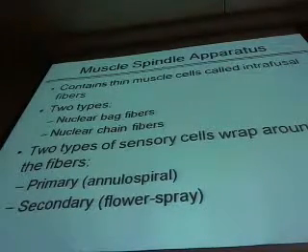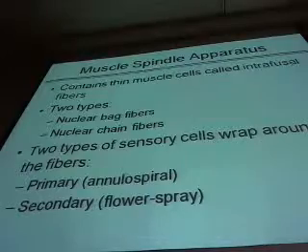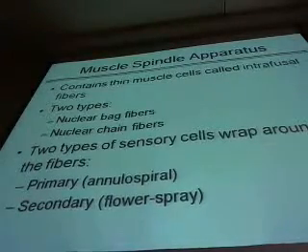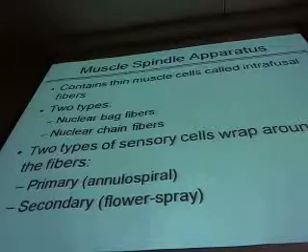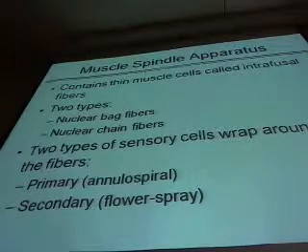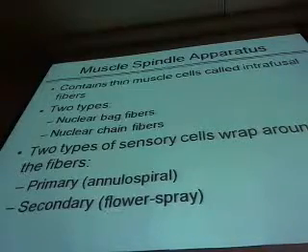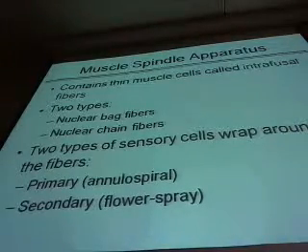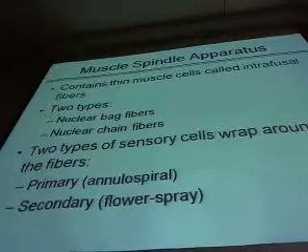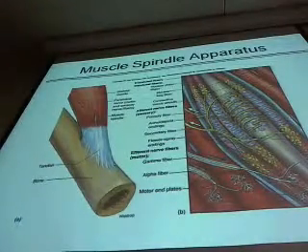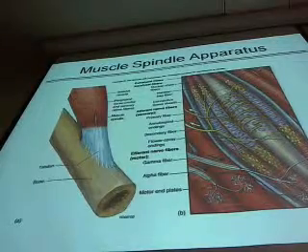In the nuclear bag fibers, the nucleus of the cell is kind of bunched in the middle of the fiber. In the nuclear chain fibers, the nucleus is kind of stretched out along the fiber. Then you have the primary and secondary neurons that wrap around the fibers also.